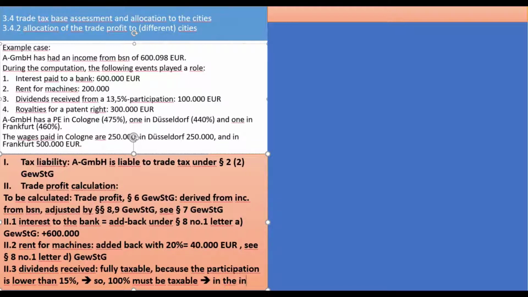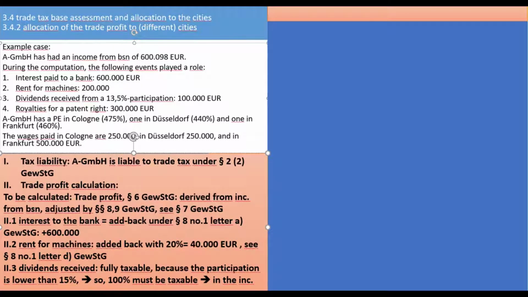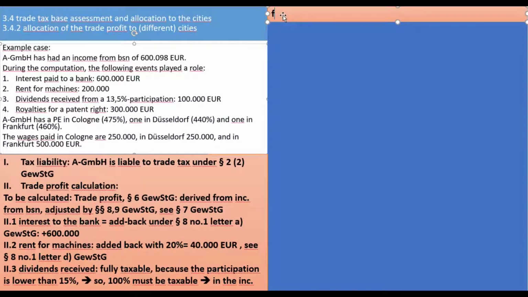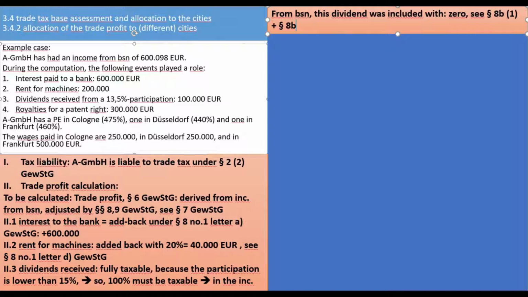In the income from business, this dividend, so in the corporation tax result, was included with 0. See paragraph 8b1 plus paragraph 8b4 KStG, because participation was more than 10%.